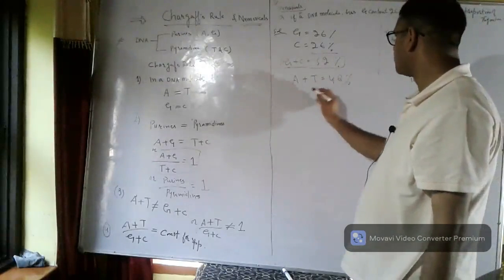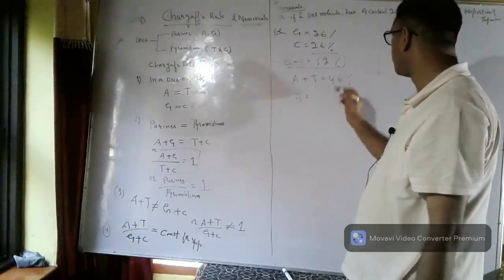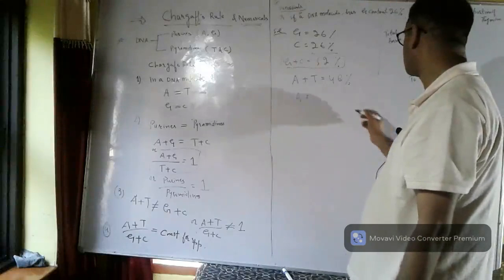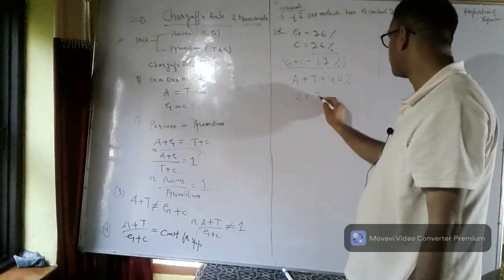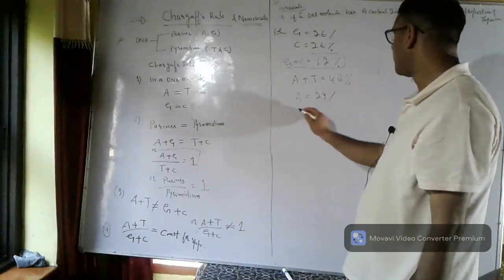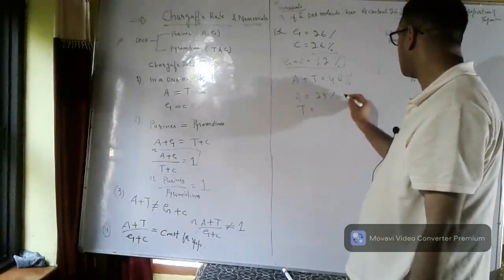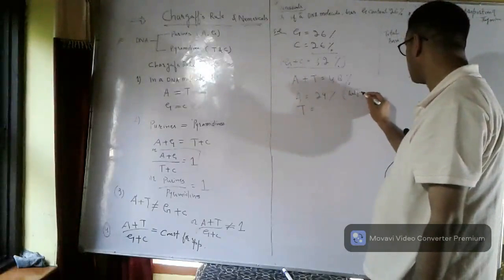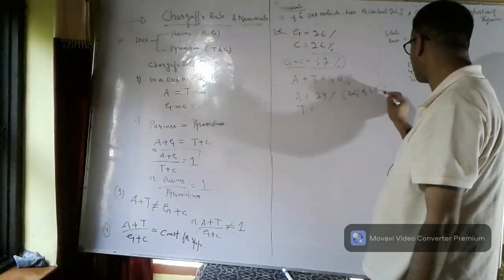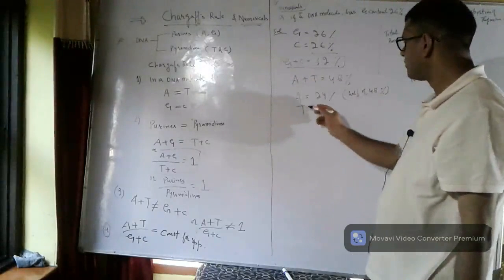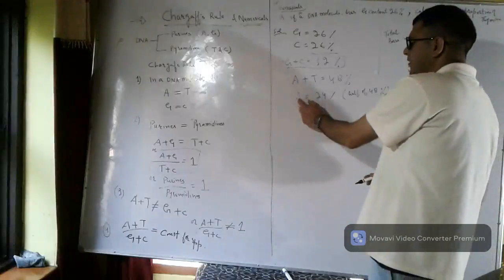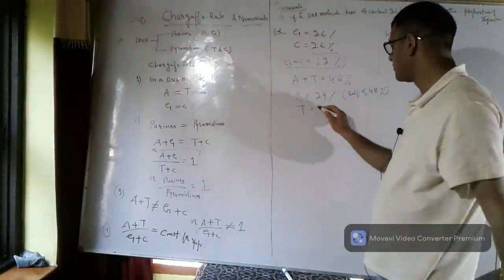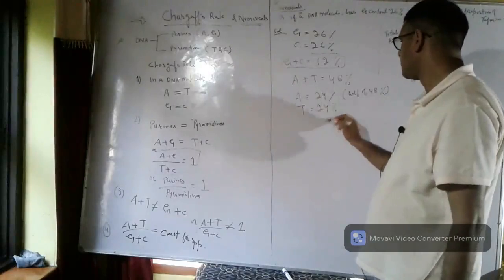So therefore adenine is half of 48, that is 24%, and thymine is 24%, that is half of 48%. So the amount of adenine is equal to the amount of thymine, that would be 24%.